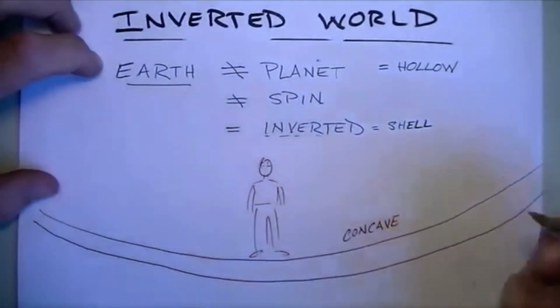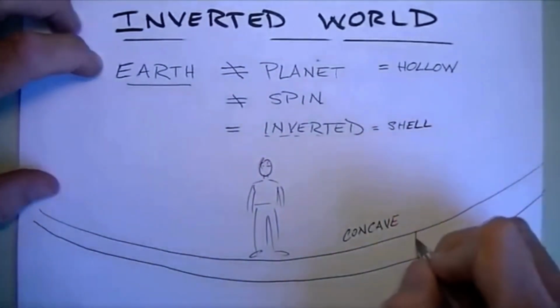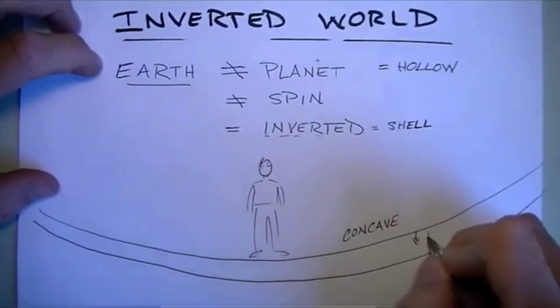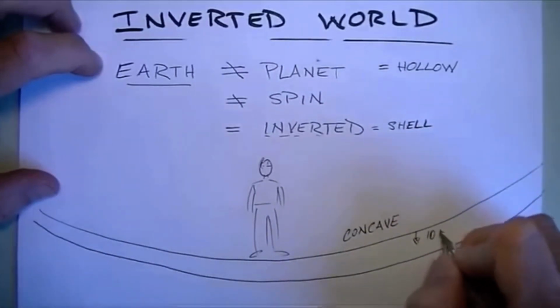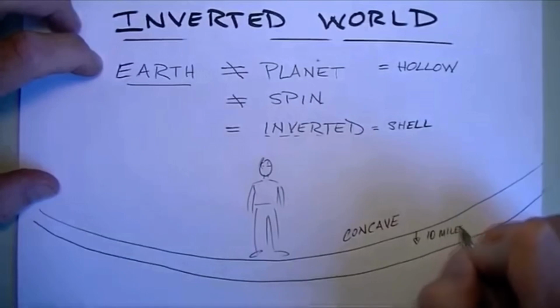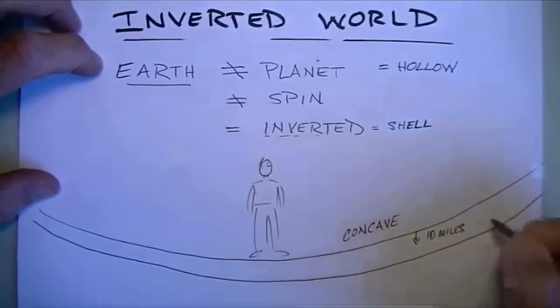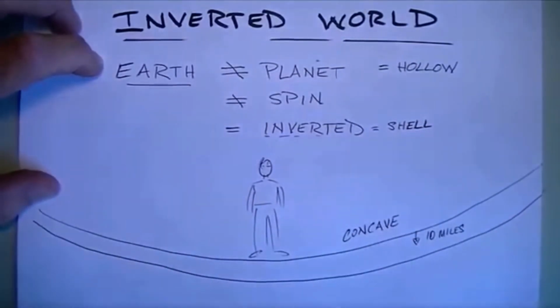Because firstly, man has not even drilled more than 10 miles beneath the surface of the Earth. Do you know that? And yet they can speculate. All their so-called knowledge of the center of the Earth and the core is all based on speculation.